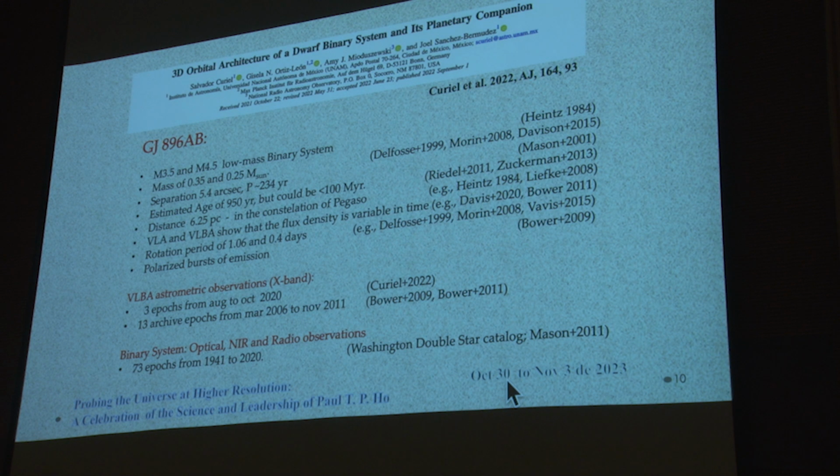Another example, this was even more difficult because this is a binary. So we have to take into account the companion. This is also very close by, a star. The distance is 6 parsecs away, and they are very low mass stars also, dwarfs. We also had several observations with the VLBA, and since it's a binary, and it has been observed in the infrared, we included relative astrometry obtained in the infrared and optical.